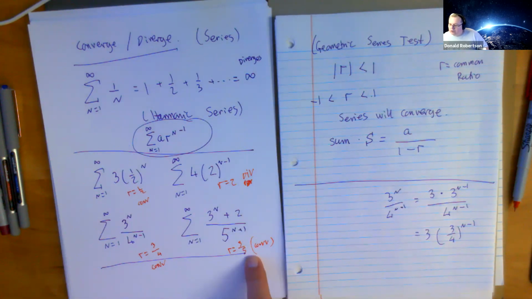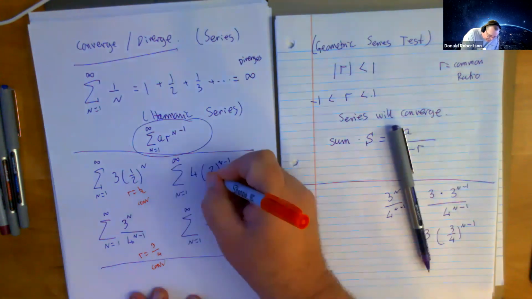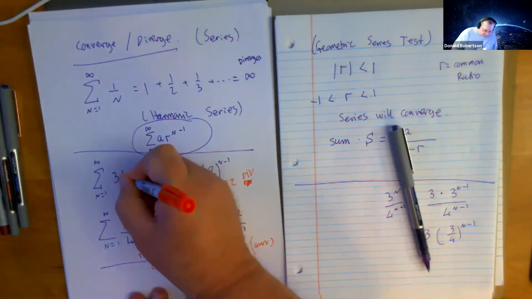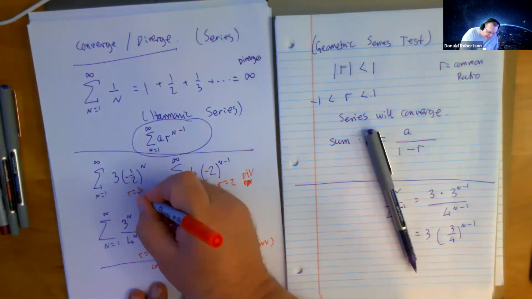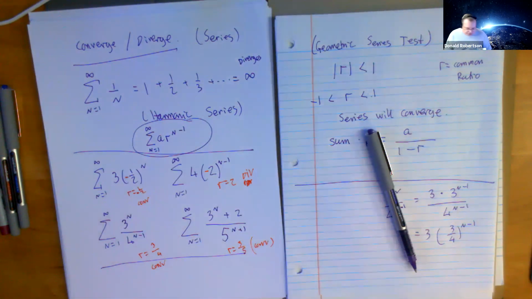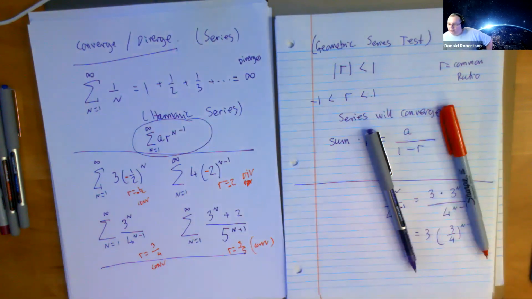Now, what would some negatives look like? Well, if I stuck a negative here and maybe a negative here, it wouldn't change too much. Wouldn't the R value now be negative a half, but it would still converge? And wouldn't the R value be negative 2 and it would still diverge? So the plus or minus really doesn't have any major effect on the conclusion about converging or diverging.